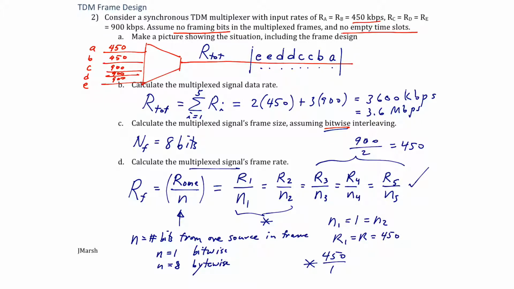So this equation works, and for all 5 of them, we get 450 frames per second. Okay? No, it's 450 kiloframes per second. Let's carefully think about it, because all the R's are kilobits per second. Okay? So it works. And I hope this helps, and I'll stop here.